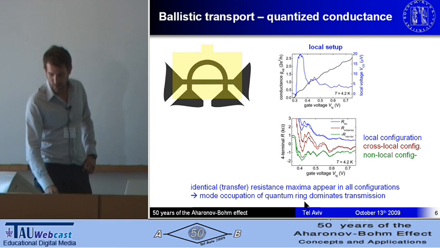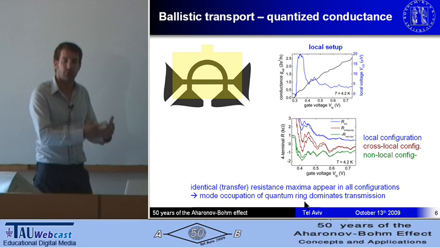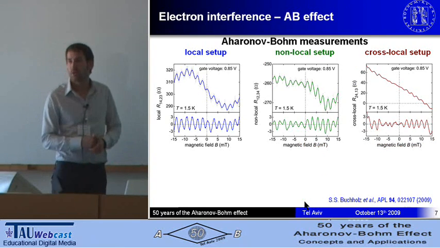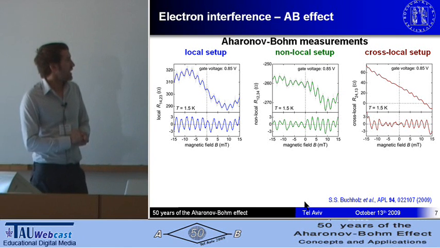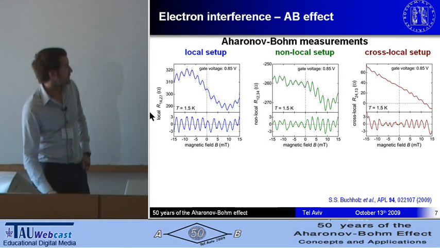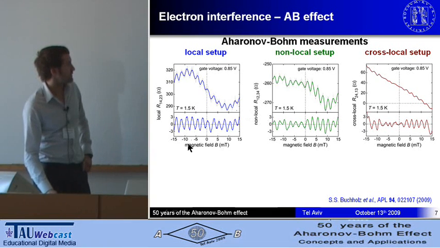And now I would like to focus on the Aharonov-Bohm experiments, that is, apply a small perpendicular magnetic field and record again the resistance or the transfer resistance as a function of this magnetic field.